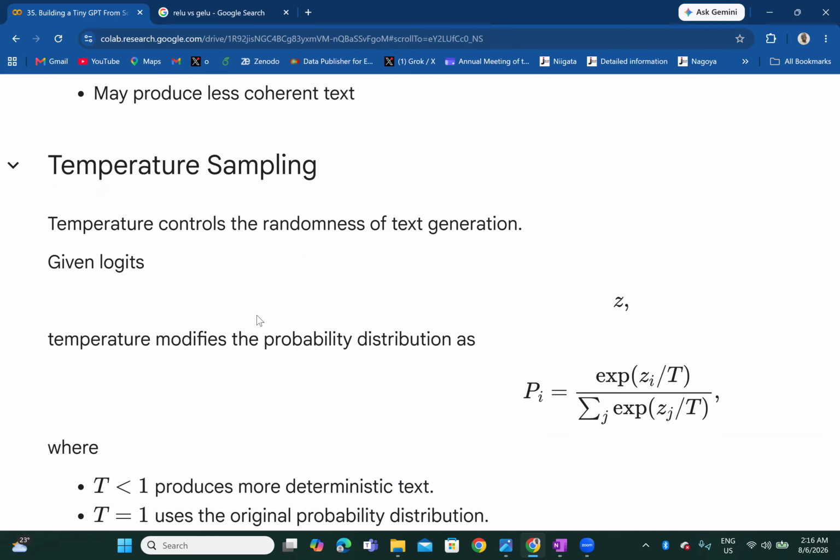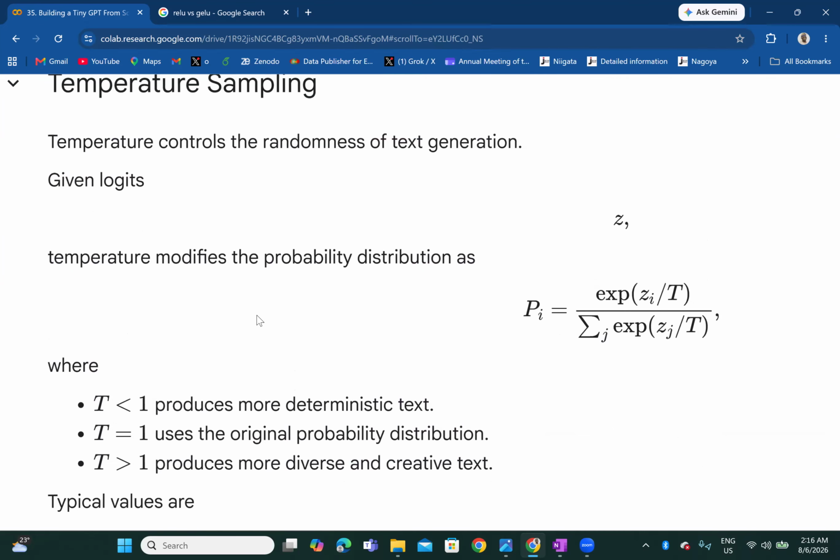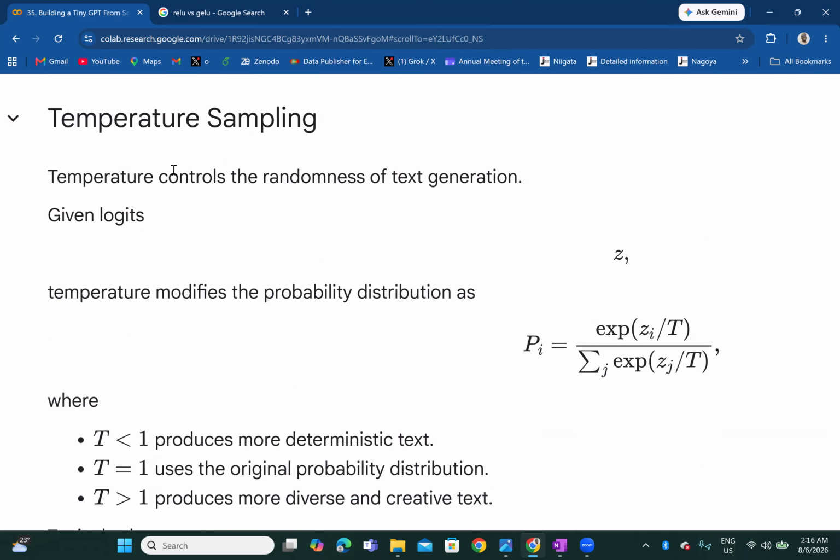Then you also have temperature sampling. So temperature sampling allows for creativity and variety in the text generated. The temperature controls the randomness of text generation. So given logit Z, temperature modifies the probability distribution as follows: you now have Z over T. So that shifts the distribution, instead of having the probability always be big for certain words.